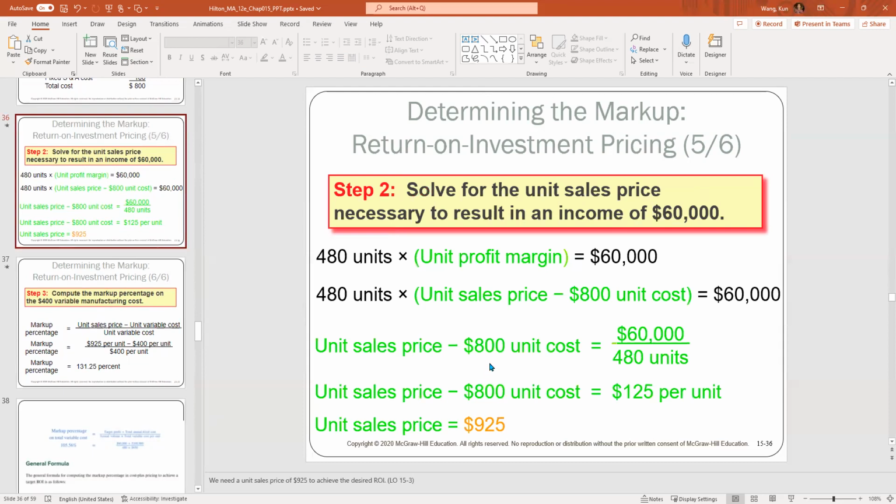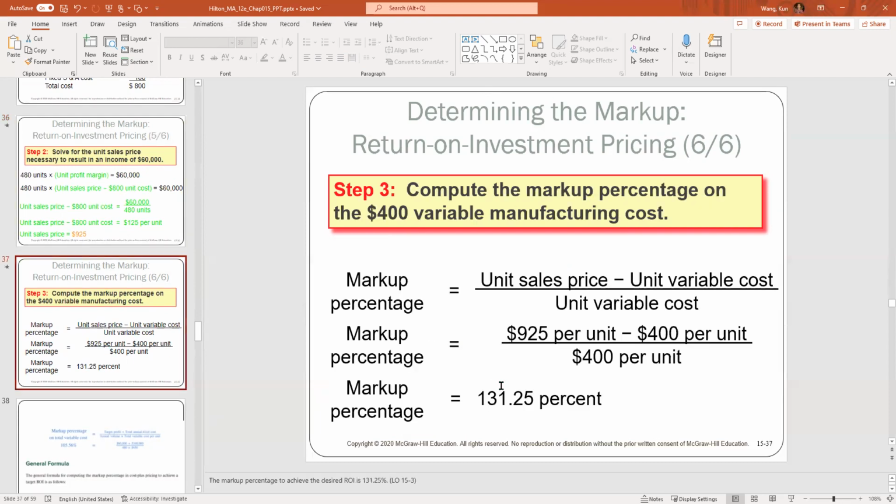So how I get this $25 sales price, and how I determine the markup percentage depending on my cost choice. Be careful with my cost choice, because if I use only the variable manufacturing cost, the lowest cost layer, then I have to use the highest markup percentage.